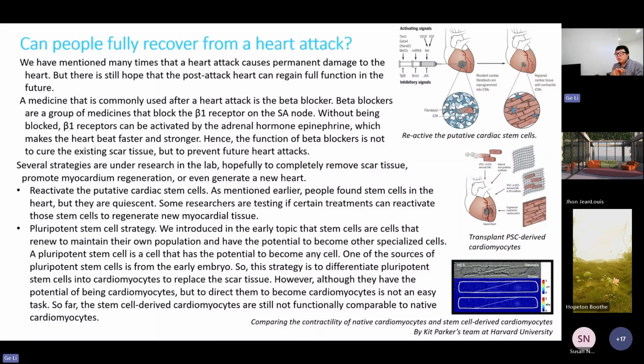Some people believe that in the adult heart, there are still stem cells there, only that they are quiescent, sleeping. So they are trying to give some stimulation to the heart to reactivate stem cells, so it can regenerate gradually. These stem cells, at least they hope, can gradually remove the scar tissue to restore at least a partial heart function. And in some tissue, actually, the scar tissue can be removed.